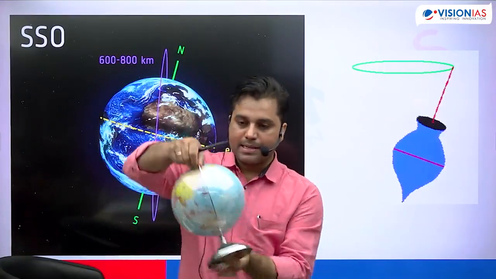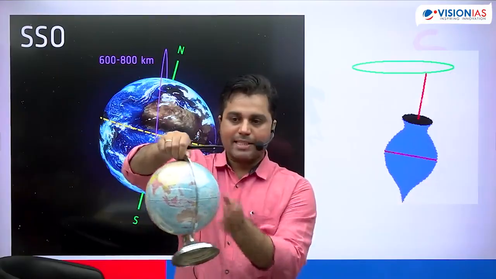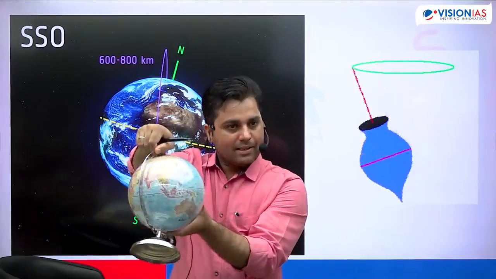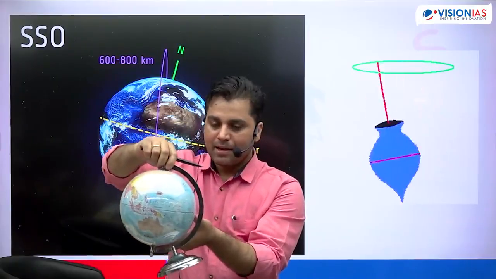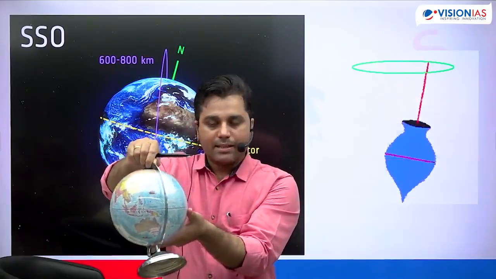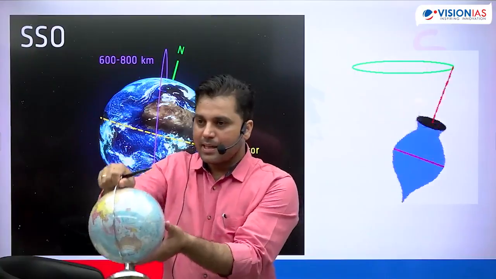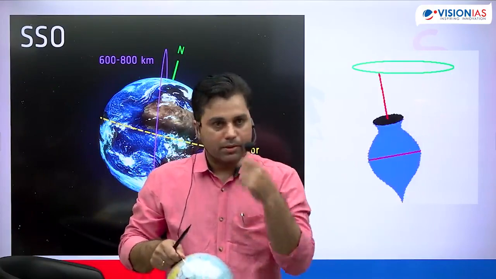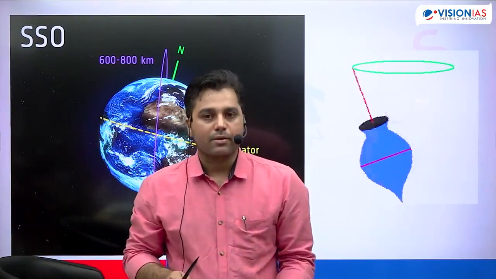Imagine this orbit in itself is changing. Now it's not changing like that this polar becomes equatorial. This change is like this, that within pole it is changing. And that change is 1 degree every day. And that 1 degree change is happening in a way that it is cancelling the change in position of Earth with respect to sun because of the fact that it revolves around sun.